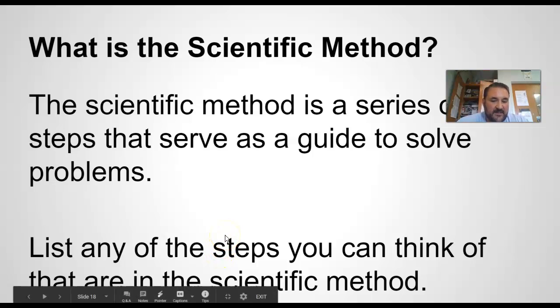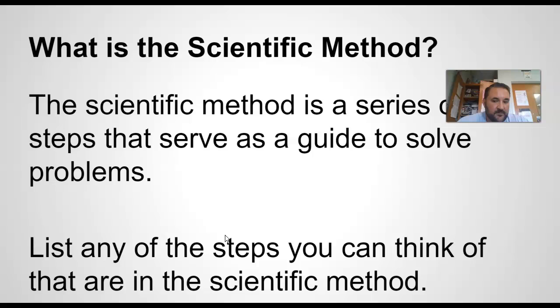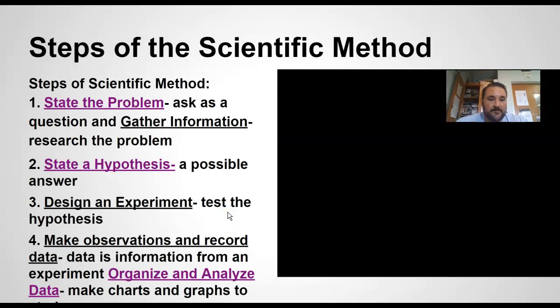If you can think of any steps to the scientific method, what can you think of? Take a couple seconds to think about it. Most people are going to say questions, most people are going to say experiments, most people are going to say hypothesis. Now let's talk about what the steps are and what order they belong in.